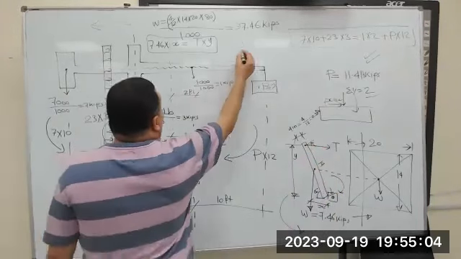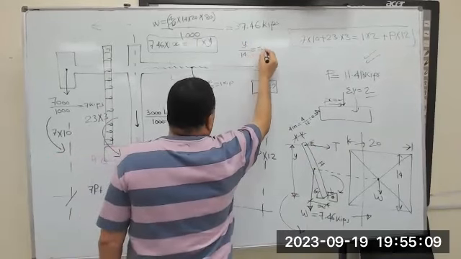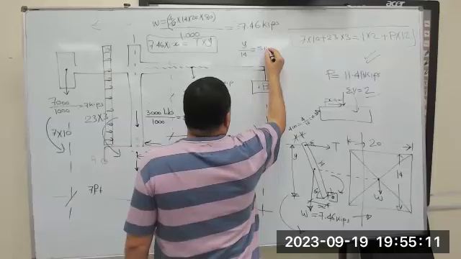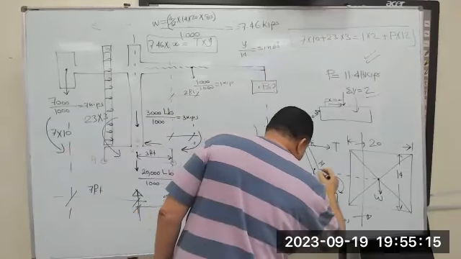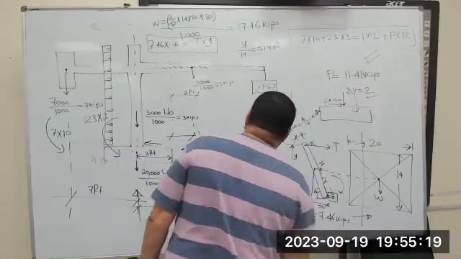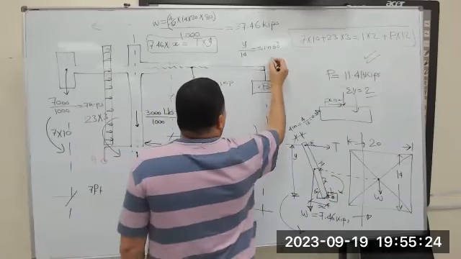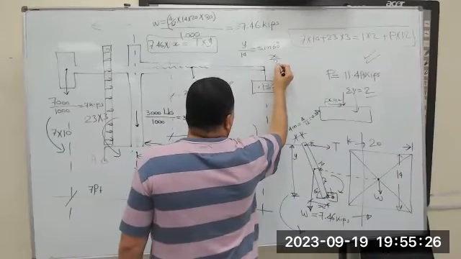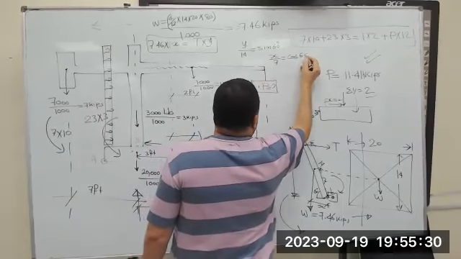So y over 14 equals what? Equals sine 60. And the x equals what? This is 7, correct? So x over 7 equals what? Equals cosine 60.